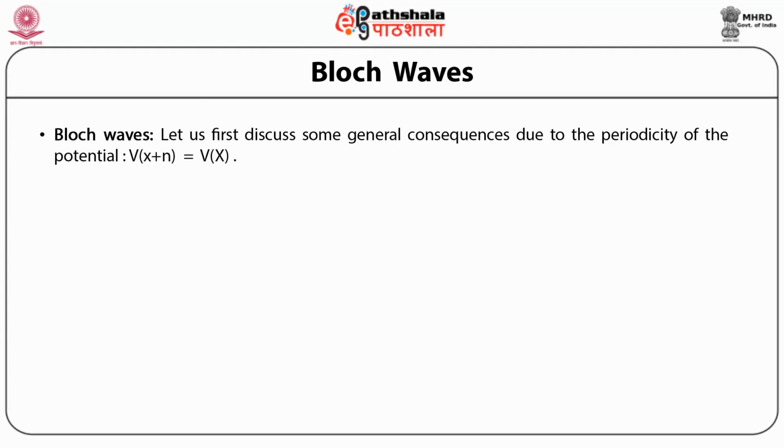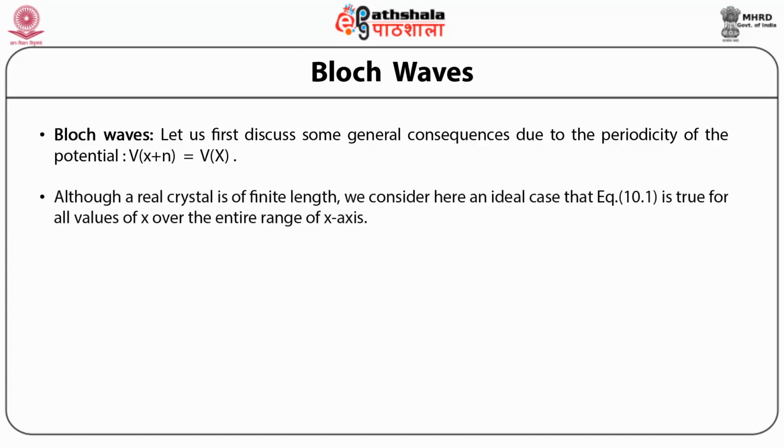Let us first discuss some general consequences due to the periodicity of the potential. Since the potential is periodic, we have V(x + a) = V(x), although a real crystal is of finite length. So we consider here an ideal case that equation 1 is true for all values of x over the entire range of the x-axis.